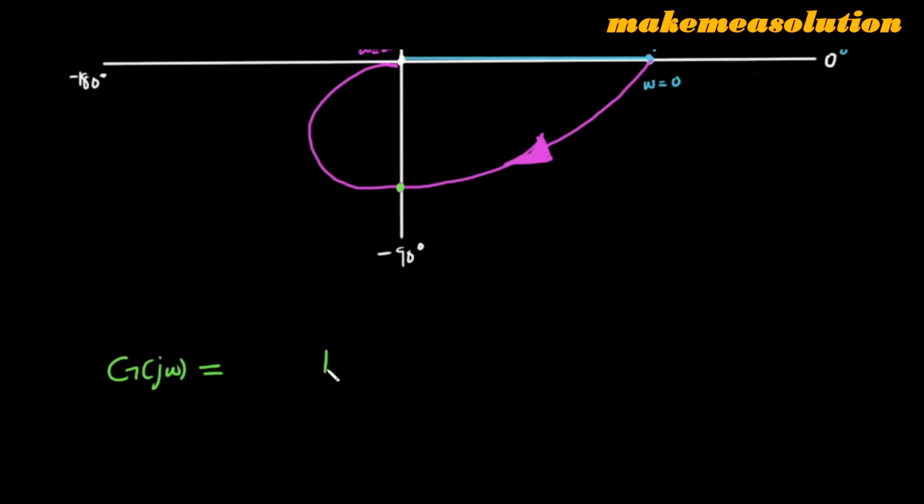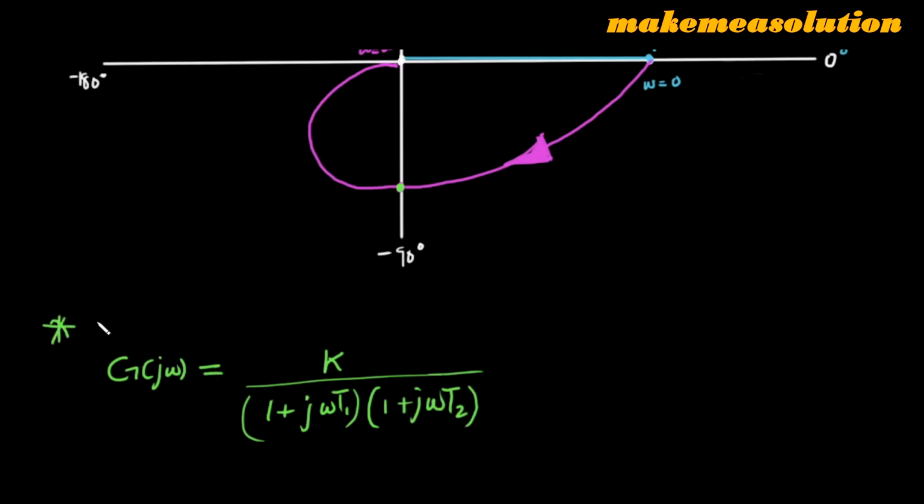So we have K divided by 1 plus j omega T1, and 1 plus j omega T2. If you want to separate it into real and imaginary parts, what we want to find is the points of intersection: where does the contour intersect the real axis and the imaginary axis?